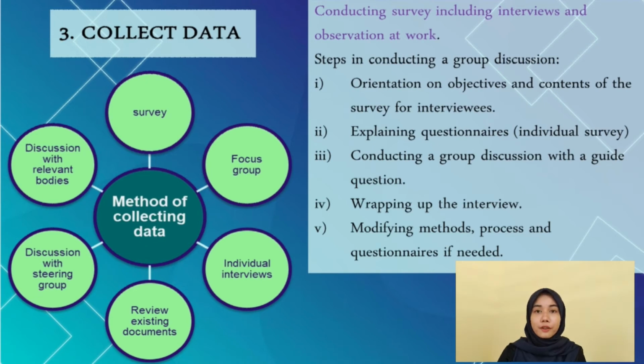The following 5 steps are to be taken in conducting a group discussion. First, orientation on the objective and content of the survey for interviewees, explaining the questionnaire for individual survey, conducting a group discussion with a guide question, wrapping up the interview, and modifying the method, process, and questionnaire if needed.